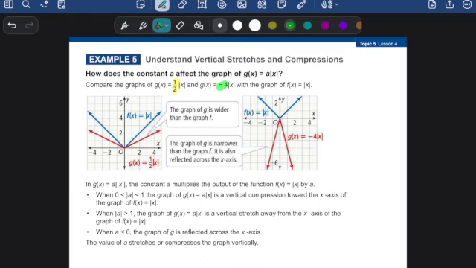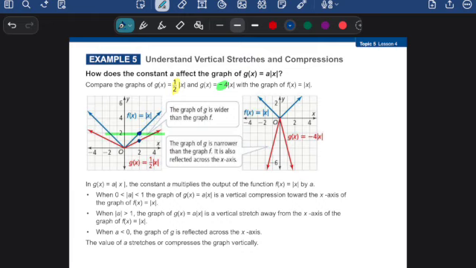The blue, again, is our parent function, absolute value function. G of x, we have a scale factor outside the parentheses. So I'm changing the output, and I'm just taking the output and cutting it in half. So let's look. Where is the output? Right here. When x equals 2, instead of being at positive 2, what's half of positive 2?